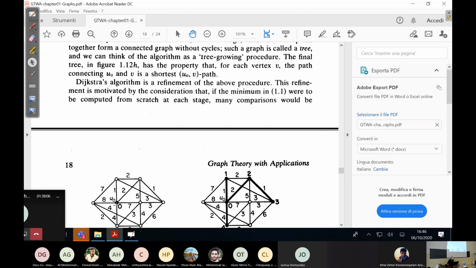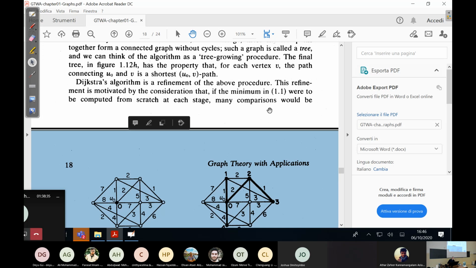So if we want a shortest path starting in U0 of length 1, we just have to take the minimum, the only or one of the edges with minimum weight. And in this case, it is this. So we take in this edge, take in this vertex, and put on this vertex the distance that we have from U0, which is 1.